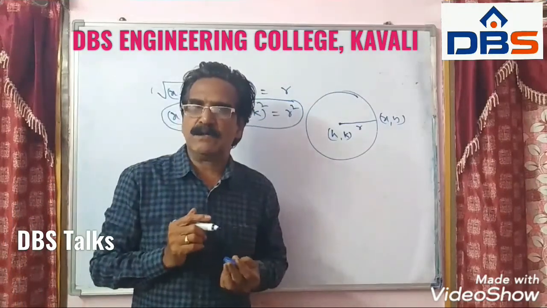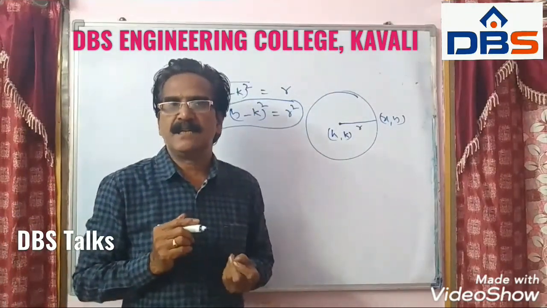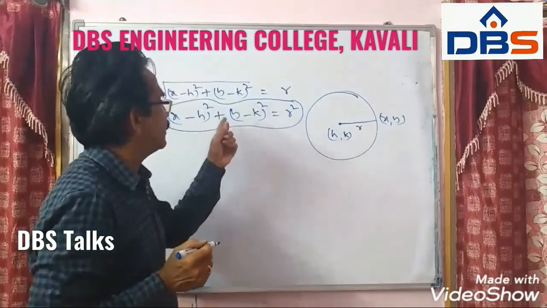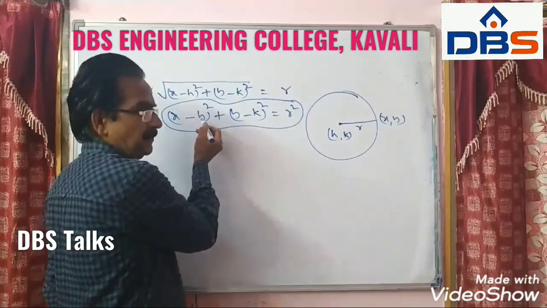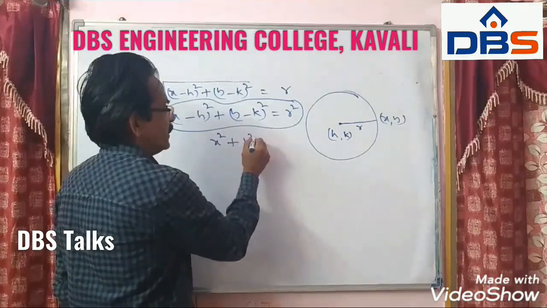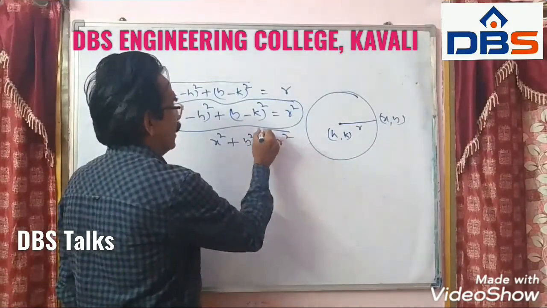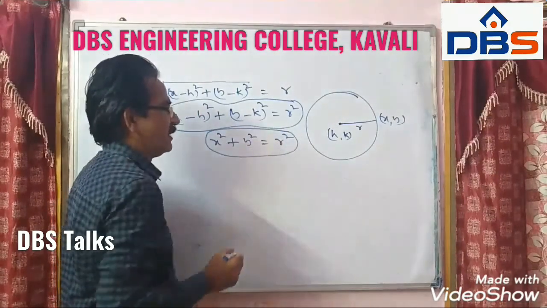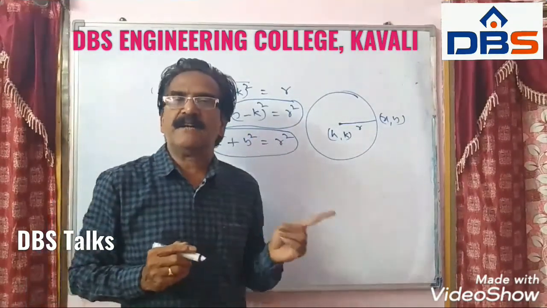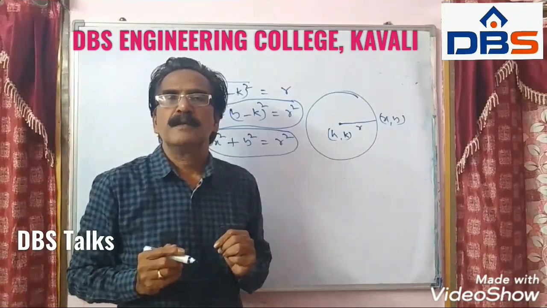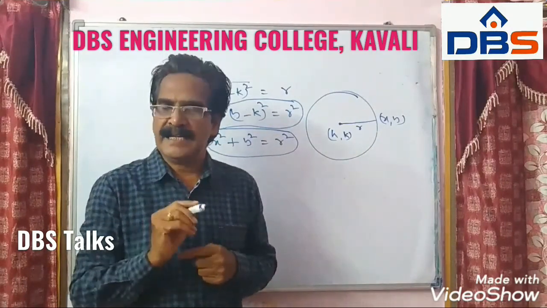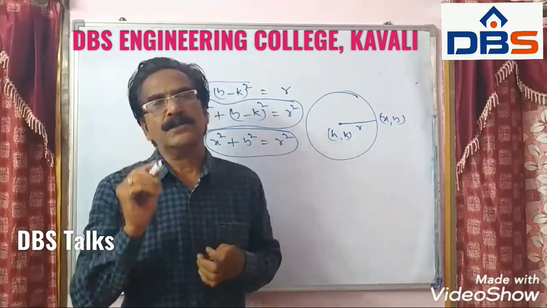Okay friends, let us draw one more conclusion from this point. If the center is origin, that is 0 0, then this equation reduces to h plus 0. So x square plus y square is equal to r square. This is the equation of a circle whose center is origin and radius is r units.